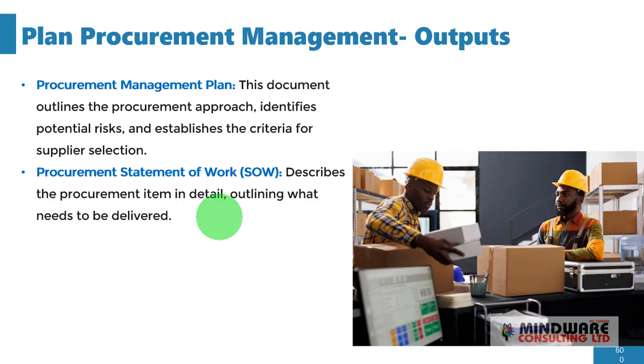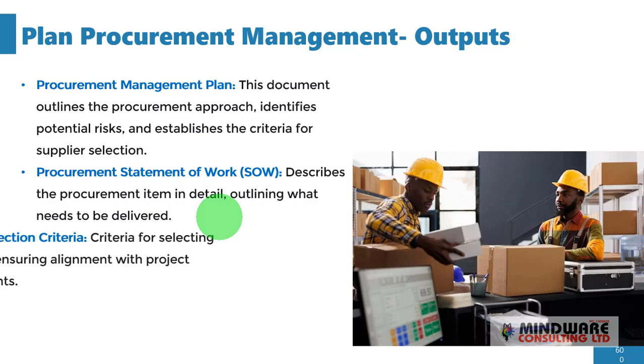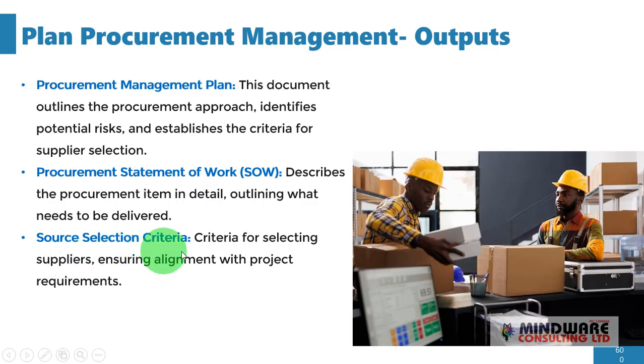That's the procurement statement of work. Source selection criteria. This is the criteria for selecting suppliers, ensuring alignment with project requirements. This is also another output that you should have in the plan procurement management: how you are going to select suppliers and vendors for the project's requirements.